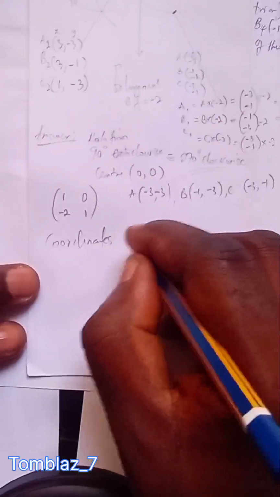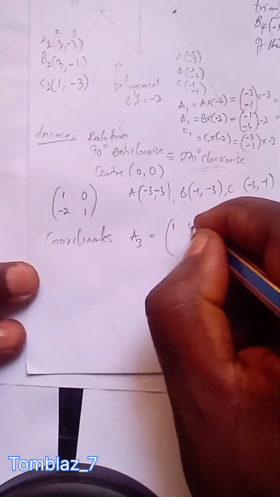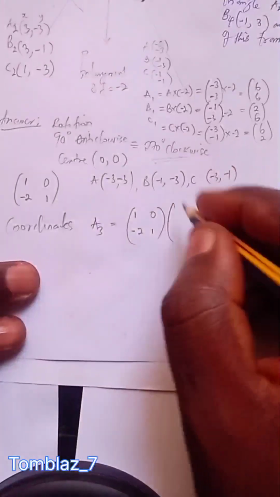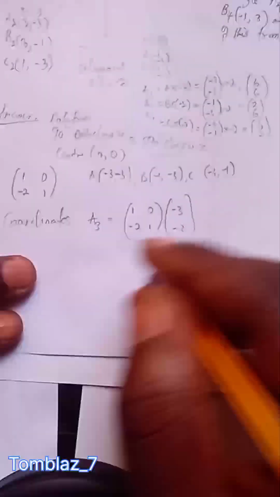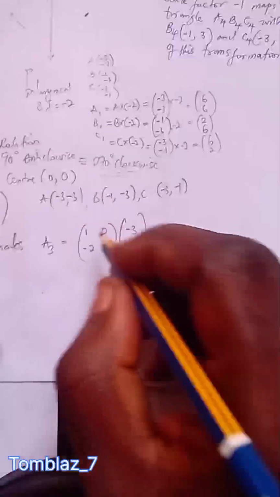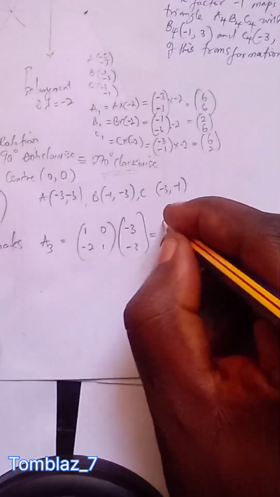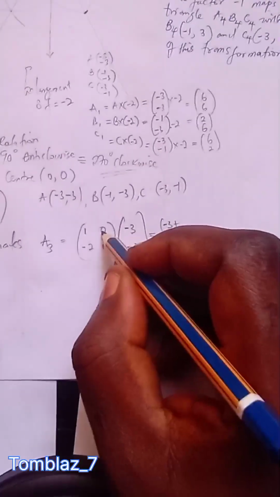I can take it one after the other. If I want the coordinate for A3, I can bring out this matrix and bring -3 and -3. Then I'll multiply them together, right? So 1 times -3 is -3, plus 0 times -3 is 0.